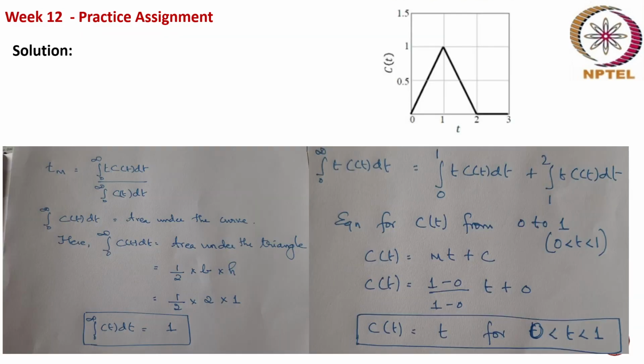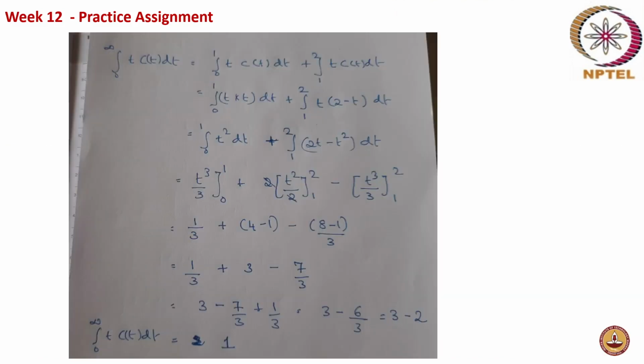When you look at the other part of the curve, from 1 to 2, again it is a straight line equation, and you will end up with the expression 2 minus t.